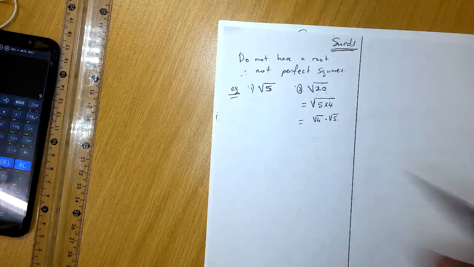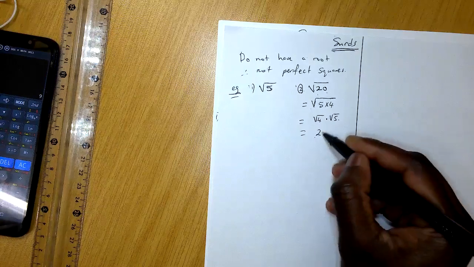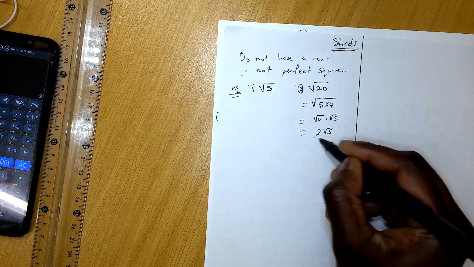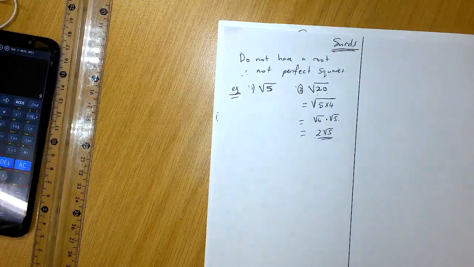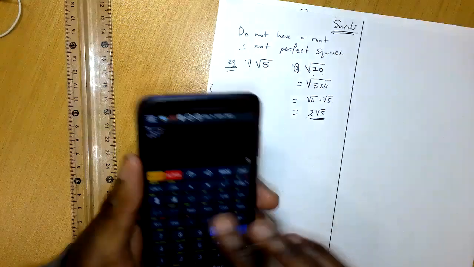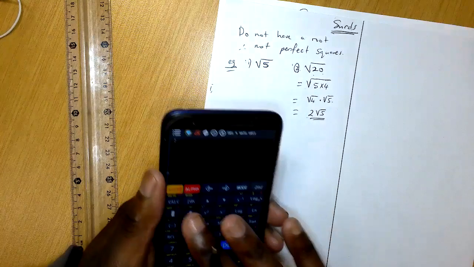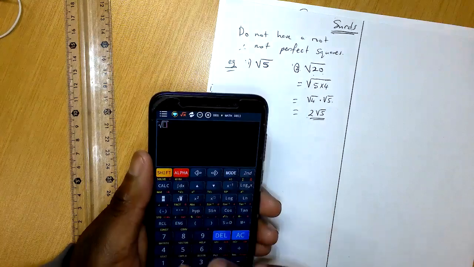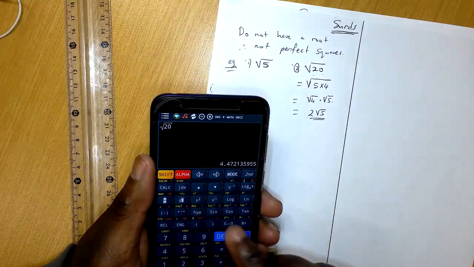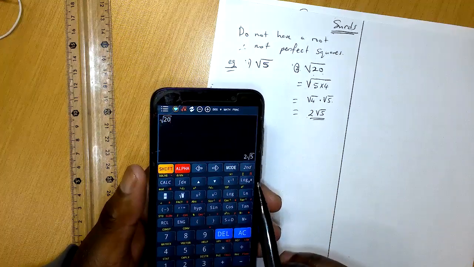Then the 4 does have a root, which is 2, so we get 2 root 5. So root 20 is 2 root 5. If they say leave it in surd form, you leave it like that.